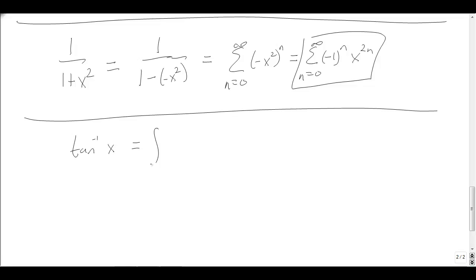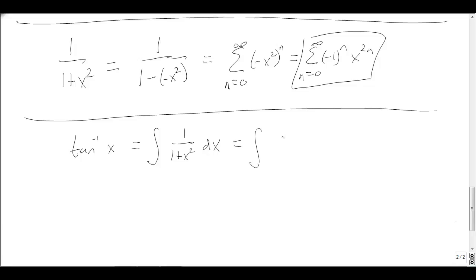Well, this is going to be the antiderivative of 1 over 1 plus x squared dx. So the idea is that if you integrate 1 over 1 plus x squared, you should end up with arctangent of x. Or if you differentiate arctangent x, you get 1 over 1 plus x squared. But I want this antiderivative one because I already have a series for 1 over 1 plus x squared that I've got written up here already in my box.